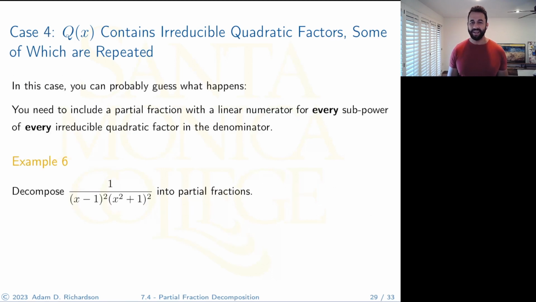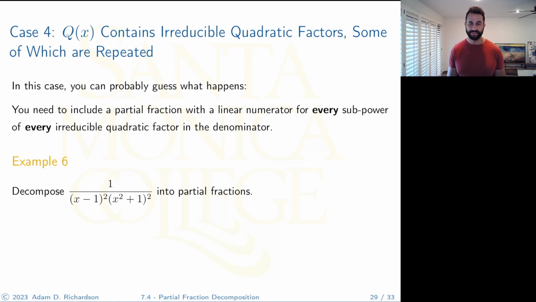One more case, case number 4. And you can probably guess what this case is going to boil down to. This is when your denominator contains irreducible quadratic factors, but some of them are repeated. And as you might guess, all you're going to have to do is include another partial fraction with a linear numerator for every subpower of every irreducible quadratic factor in the denominator.